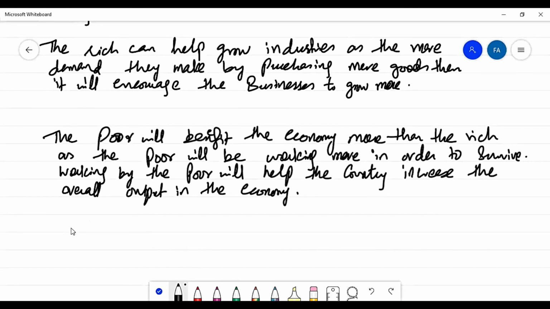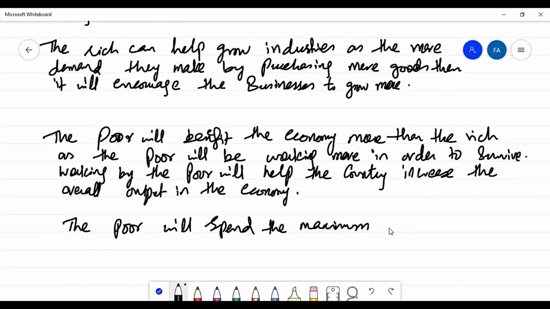So the second advantage would be that the poor will spend the maximum amount. Obviously, if your income is 2,000 rupees, you will spend the maximum amount because you are poor. You don't have a lot of money to save.